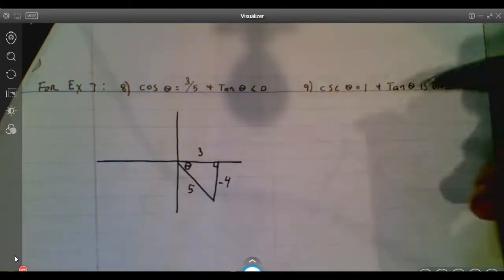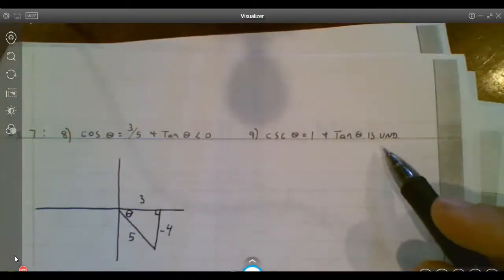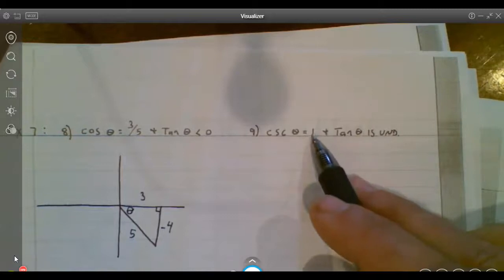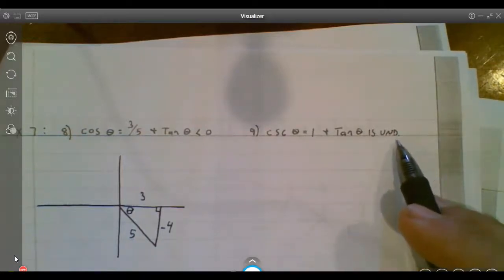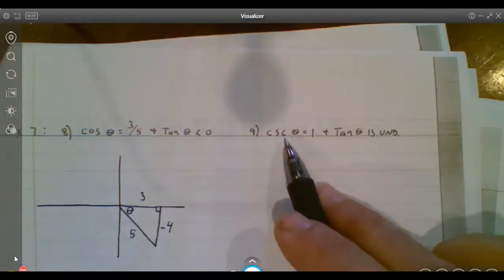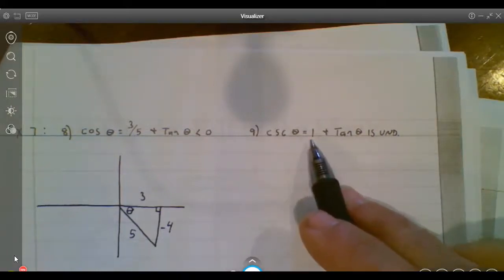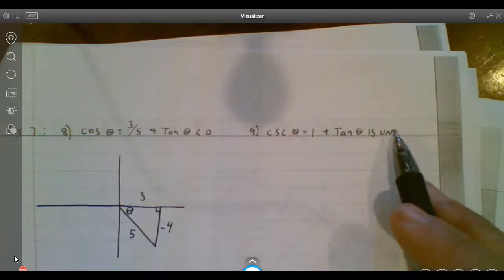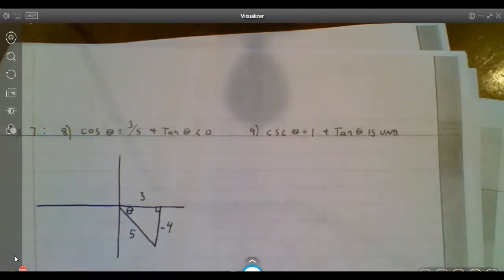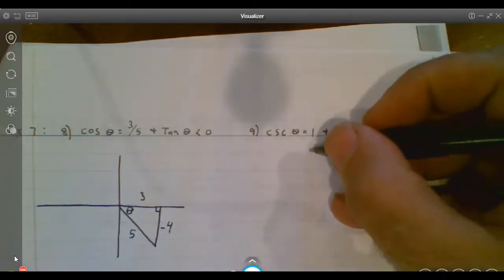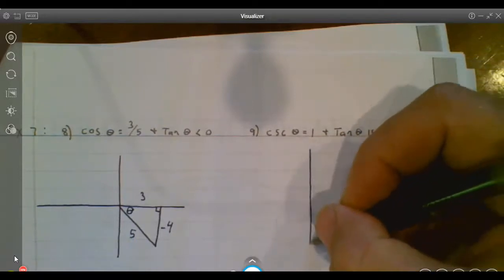So what about where the cosecant is 1 and the tangent is undefined? Both of these pieces of info should stand out to you: we must be on an axis, because where else would I get a cosecant value of 1 or a tangent that's undefined? Either of those things only happens when you're sitting on top of an axis. So the question is, which axis?